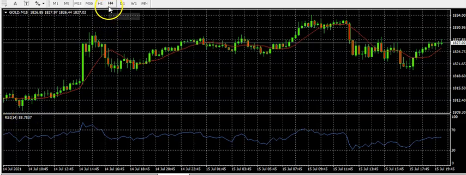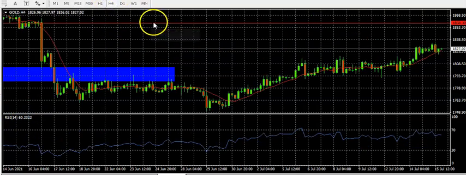So if we had taken that trade, of course I said this should be our TP, and of course our stop loss should be somewhere below the wick of the previous candlestick.